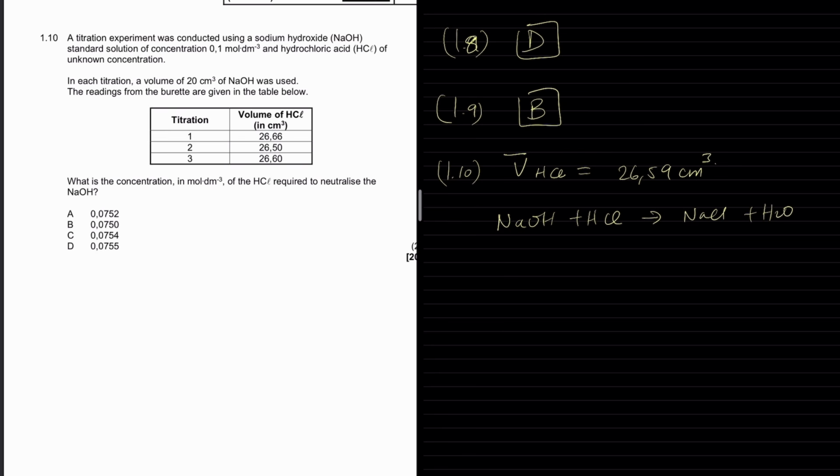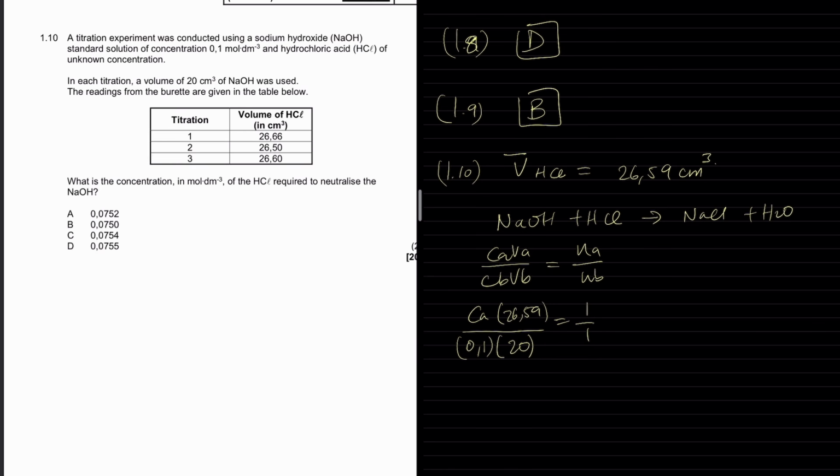So we can say that CAVA over CBVB is equal to NA over NB. NA over NB is going to be 1 over 1. The concentration of the acid, we don't know that, so that's going to be unknown. The volume of the acid that we used was 26.59, divided by the concentration of the base, they tell us is 0.1, and the volume of the base, they tell us to use 20 cm cubed, so 20.